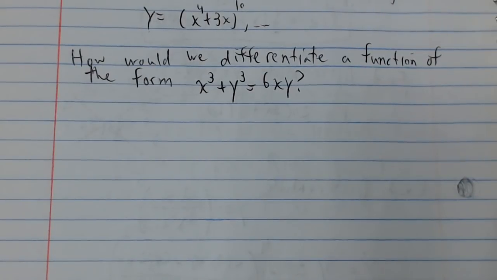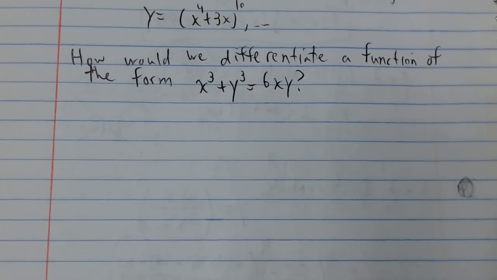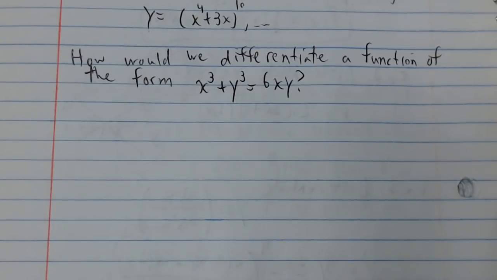Technically speaking, as far as the skills we have right now, you would probably try to solve for y just so you can get y equals something in terms of x, which, good luck doing that, right? If you look at this, you can't do that.